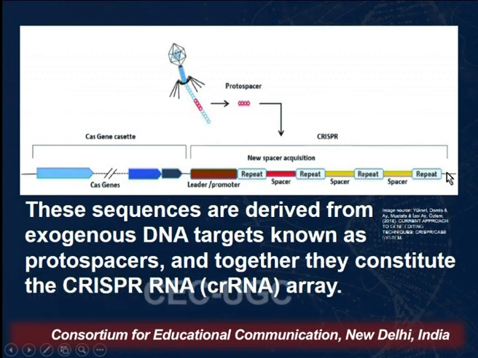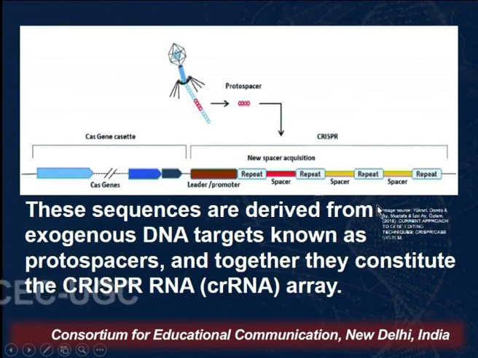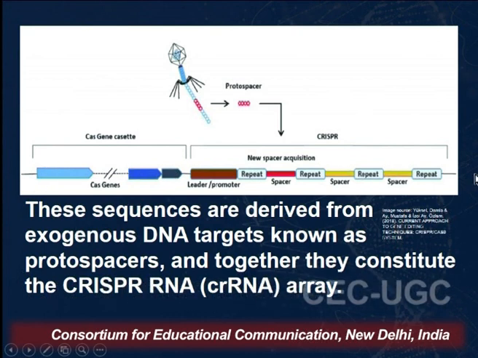So it is just introduced, and it just keeps it there. These sequences are derived from exogenous DNA targets known as the protospacers, and together they constitute the CRISPR RNA array or CR-RNA array. I hope you understand the structure of the loci. Let me review once again: there are certain Cas genes which can be located at a distance from this particular CRISPR array.